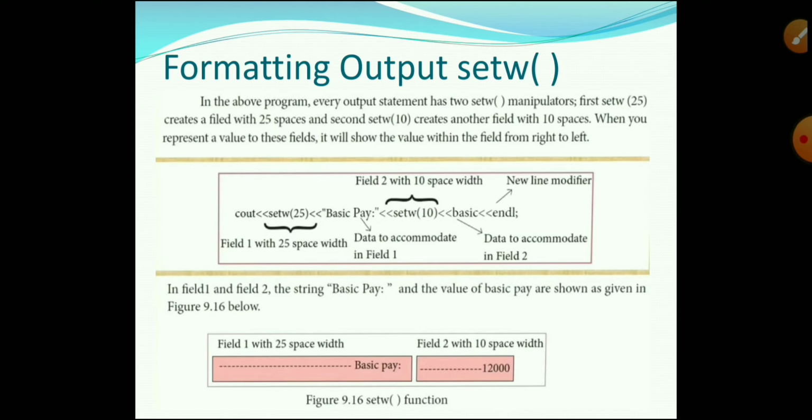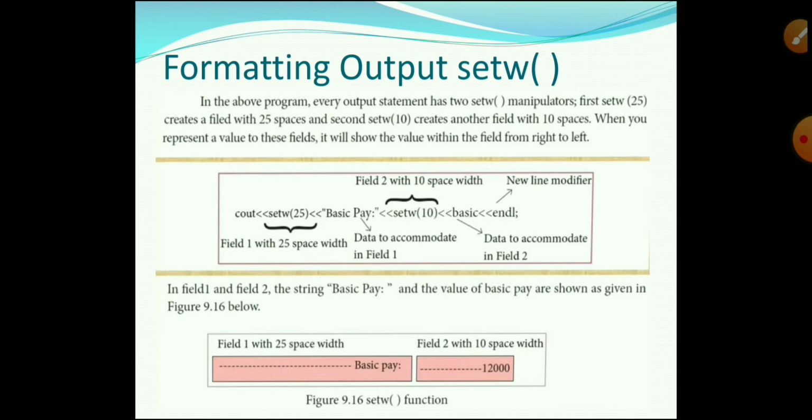Next one. See here, in the box itself they have given the clear output of set W. See, cout set W 25, field 1 with 25 spaces width. In front of where basic pay starts, we have to give 25 spaces. They leave 25 characters of space in front of basic pay. That is the meaning of set W 25.